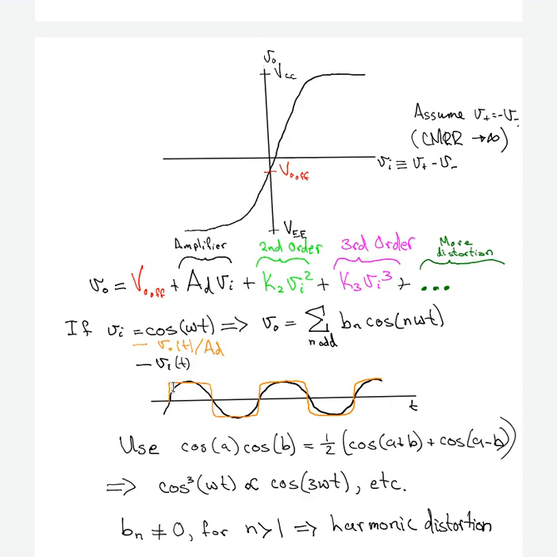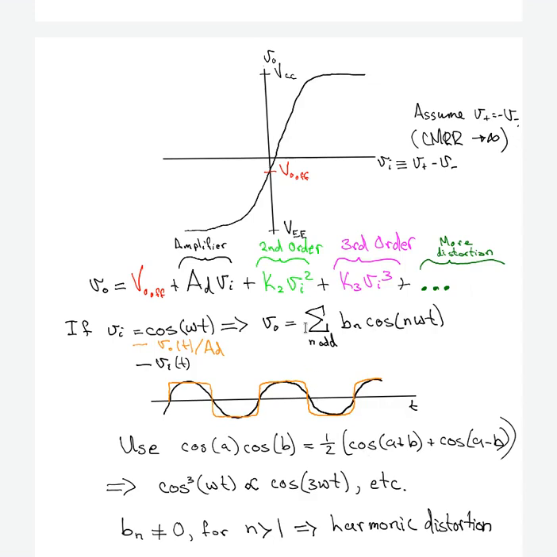And it will cause the black wave to be added to in this region, to be subtracted to when it's right here at its peak, and to be added to here, and to be subtracted to there, and added here and subtracted here. It's going 3 times as fast as the black wave because it's cosine of 3 omega t. And then you can have fifth and seventh and ninth terms as well. They all get smaller as the subscript on the K gets higher, or the subscript on the B_n gets higher. In general, not necessarily, but in general.